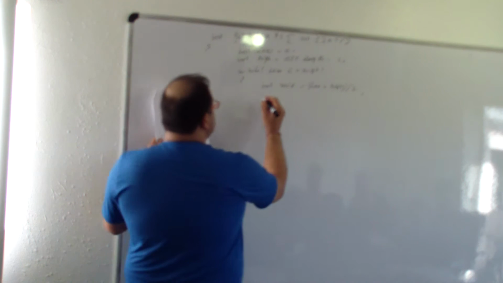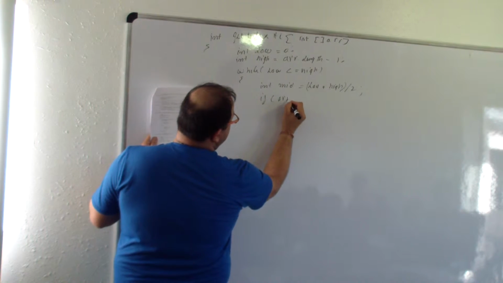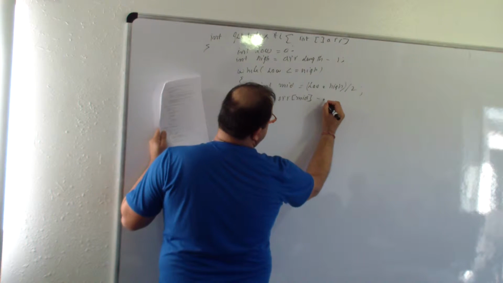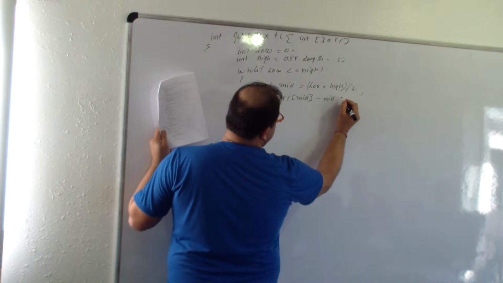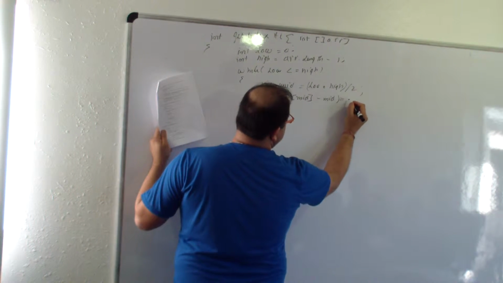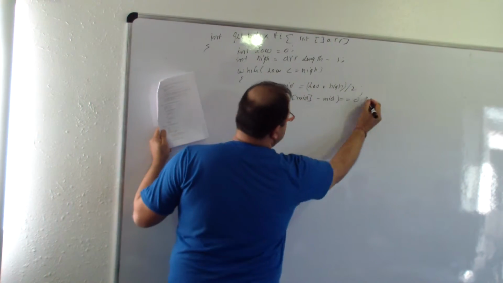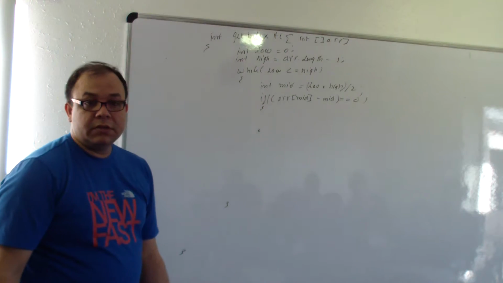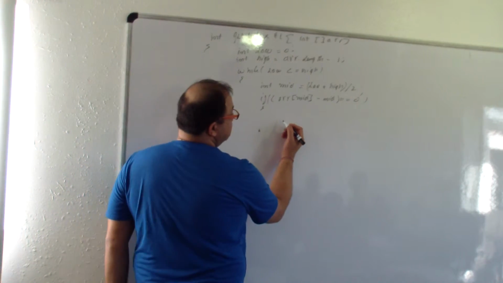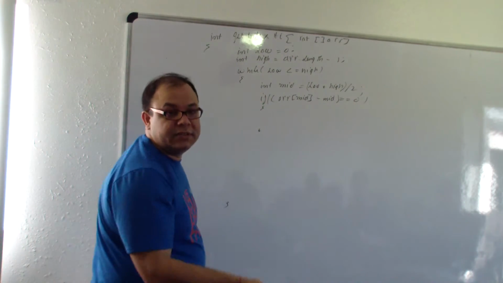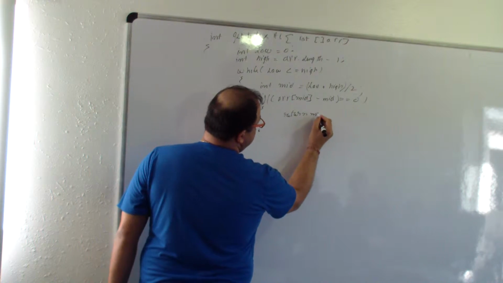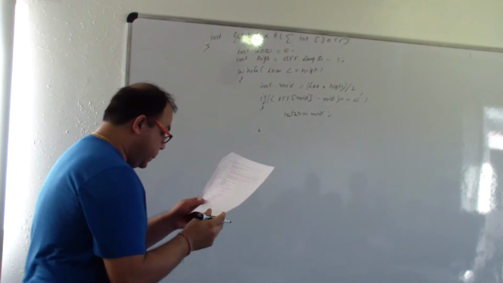If arr of mid minus mid is equal to 0, in that case we have found it. Or you can just say arr of mid equal to mid. Same thing. Return mid.